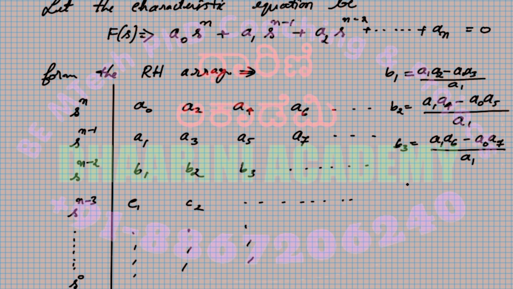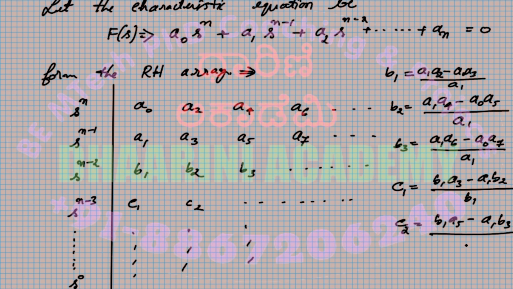For example, C1 now. How should you calculate C1? You should use this and this. Same rule, the rule still remains the same. So it should be B1 A3 minus A1 B2 divided by B1. For C2, it should be B1 A5 minus A1 B3 divided by B1, and so on.